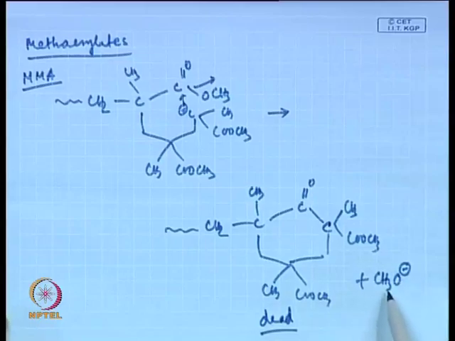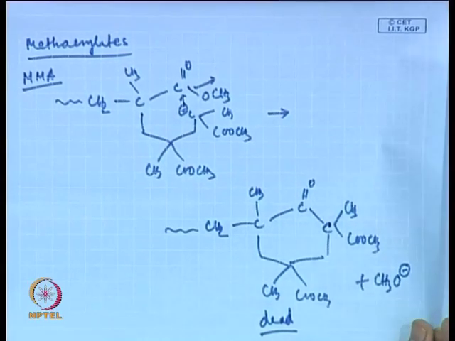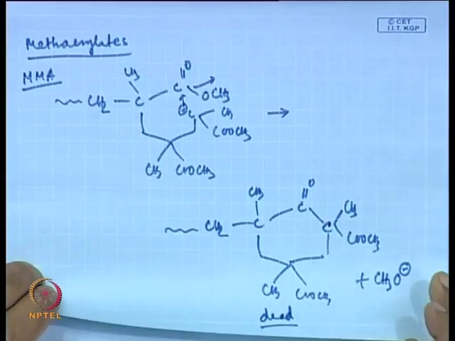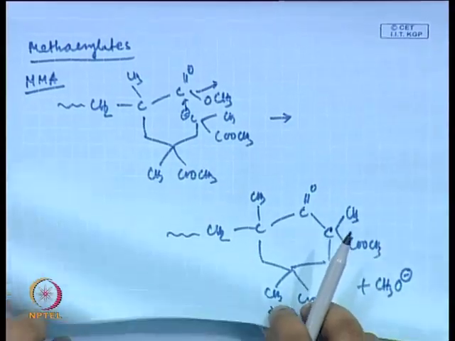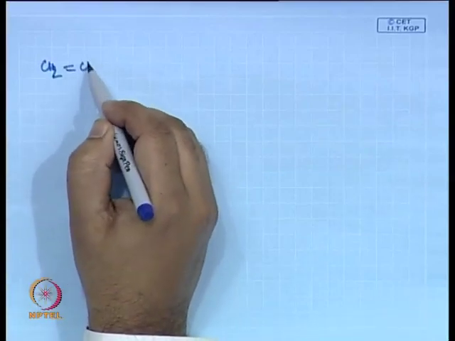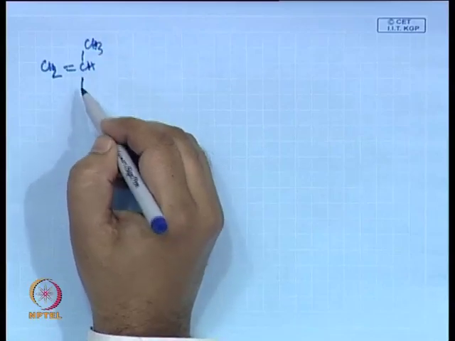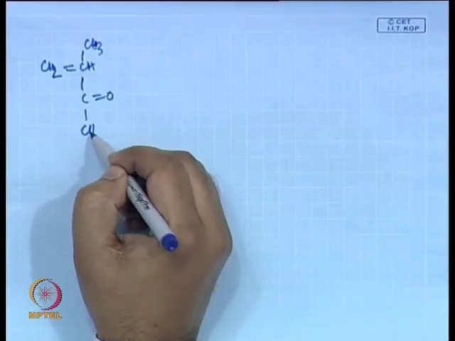So, it often cannot reinitiate an ionic polymerization, and even if it does, it slows down the reaction in a significant way. Now, another side reaction which is very prominent in the case of methyl methacrylate is as follows. It is actually a reaction on the monomer, not on the polymer.